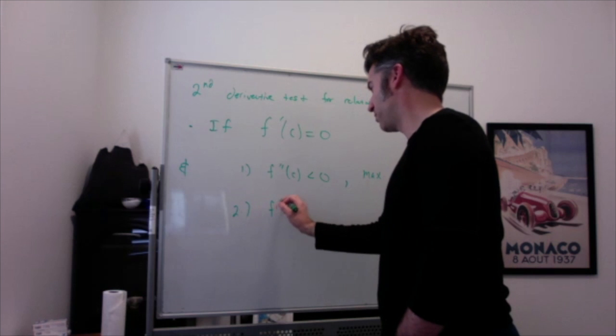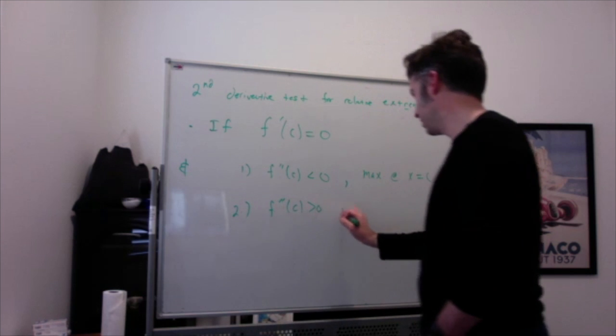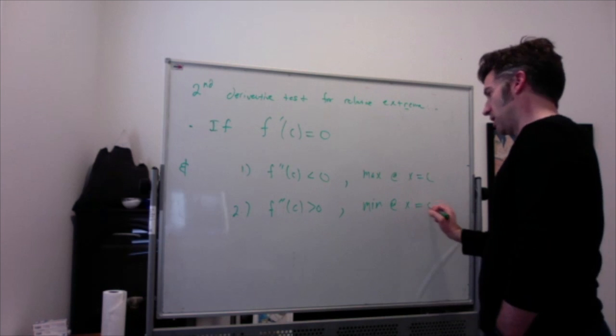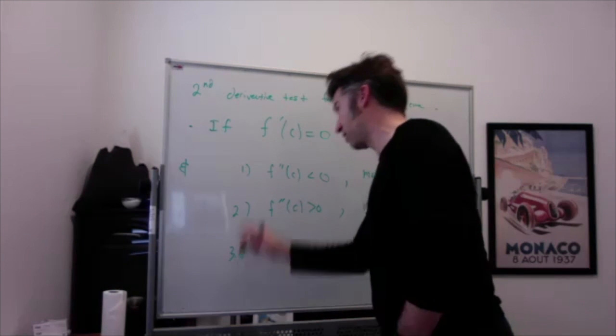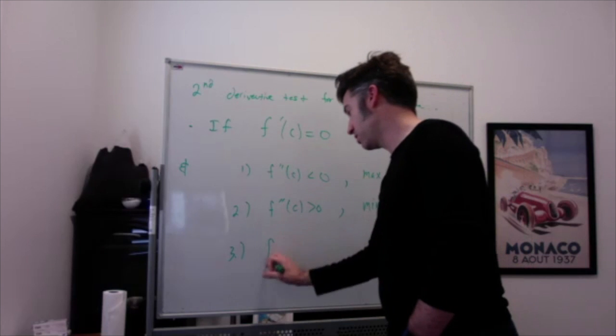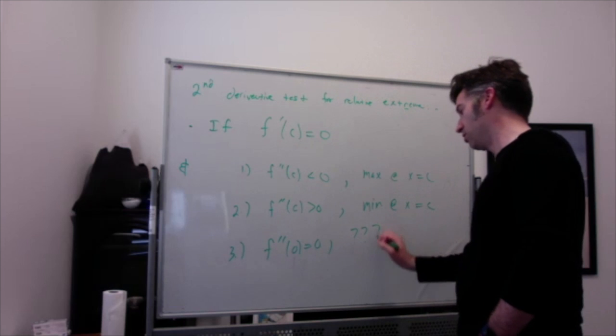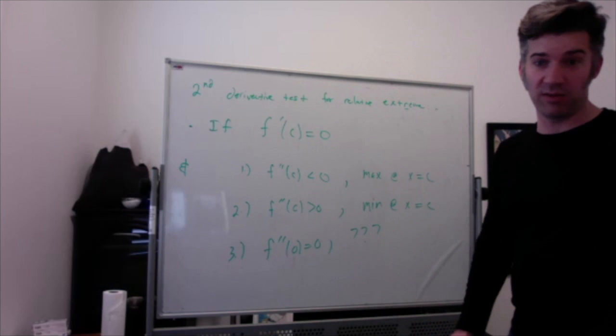If f double prime of c is positive, we have a minimum at x equals c. And if the second derivative at my first derivative critical value is 0, then we don't know. Then you need to go back and do the first derivative test.